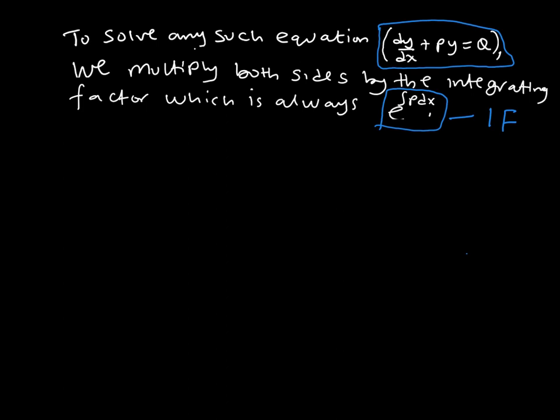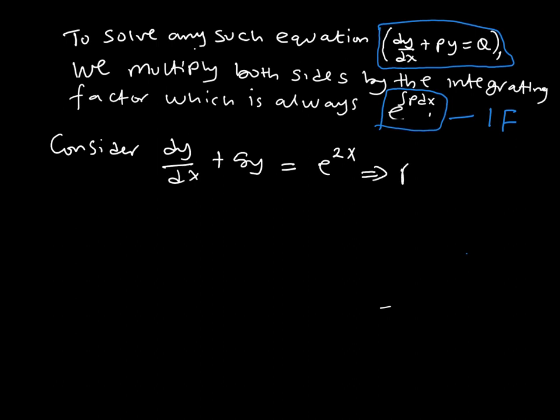Now let's consider our equation. Consider dy dx plus 5y equals e to the power 2x. And we try to see if we can get the integrating factor. So here, if you compare with dy dx plus py is equal to q, this means that p equals 5.